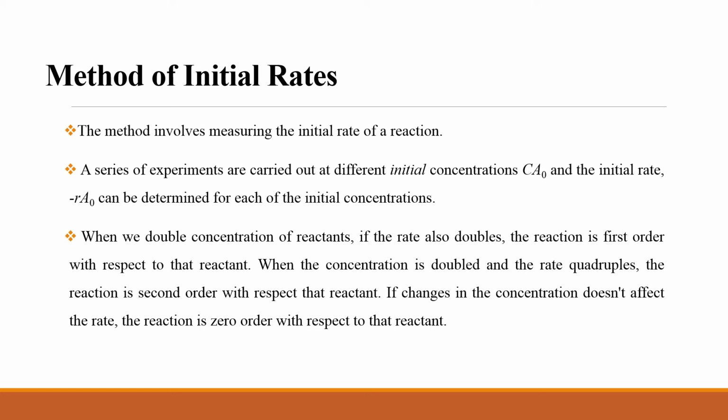Based on the observations, when we double the concentration of reactants, if the reaction rate also doubles, then the reaction follows first order with respect to that reactant. When the concentration is doubled and the reaction rate quadruples, then the reaction follows second order with respect to the particular reactant. If the change in concentration doesn't affect the reaction rate, then the reaction follows zero order with the respective reactant.